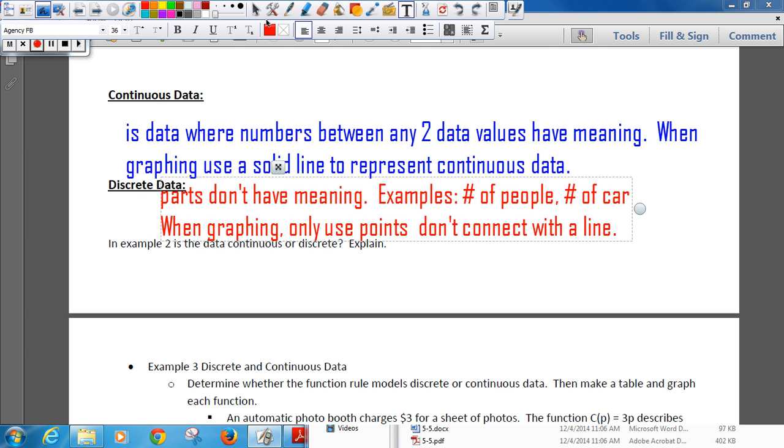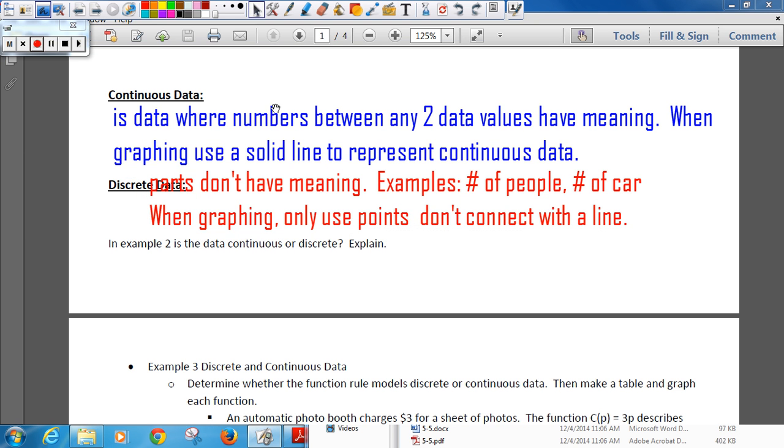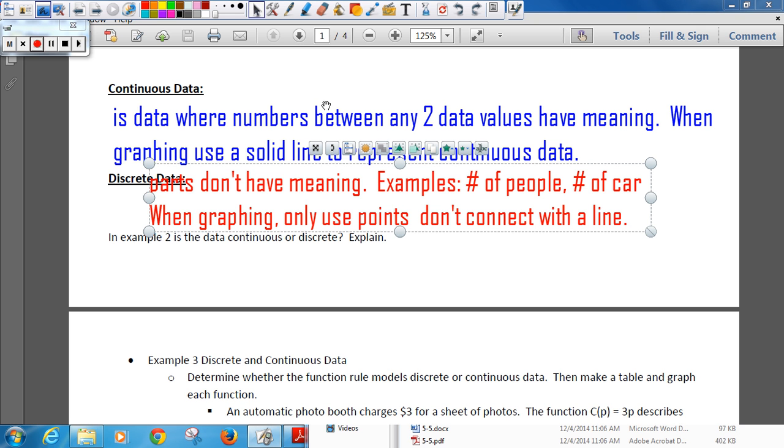Okay, so if we look at our example 2 there, the CD, and we connected it with a line, now we need to see, should we have connected that with a line or not? If we look here, can you have a partial CD? No, you're not going to burn a partial CD.